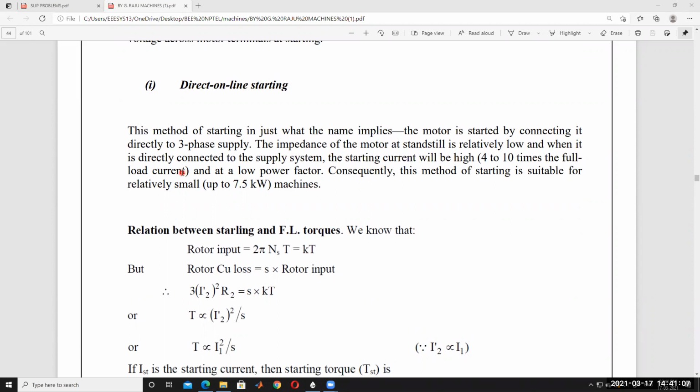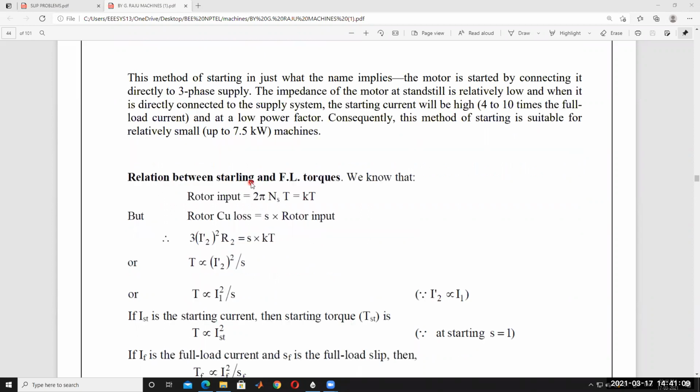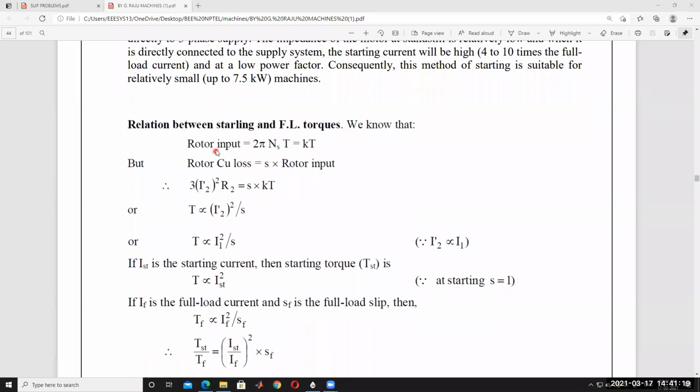Now the relation between the starting and full load torques. We have to find the relation between starting torque and full load torque. You know well, rotor input power is equal to 2 pi Ns into torque.